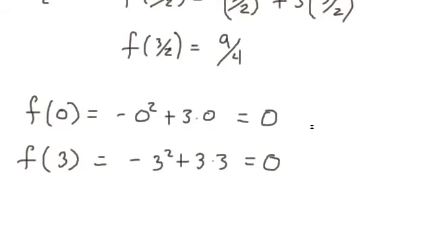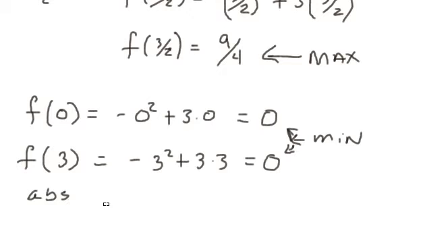So our minimum, as you can see, we have 2 of them. Yes, we do. They're the same, (0, 0), and then this is going to be our max up here. So I guess I'll just write it out here. Our absolute maximum, now I'm writing these as points, is going to be (3/2, 9/4).